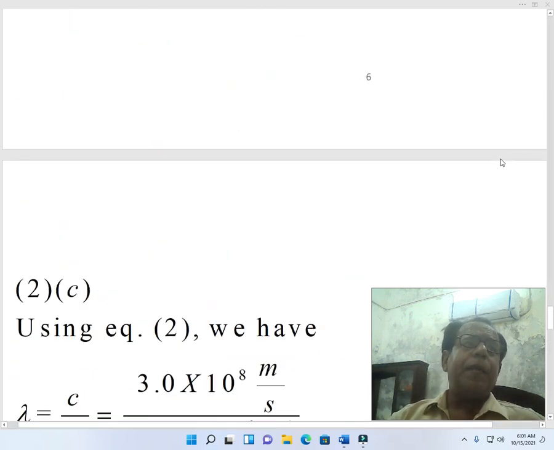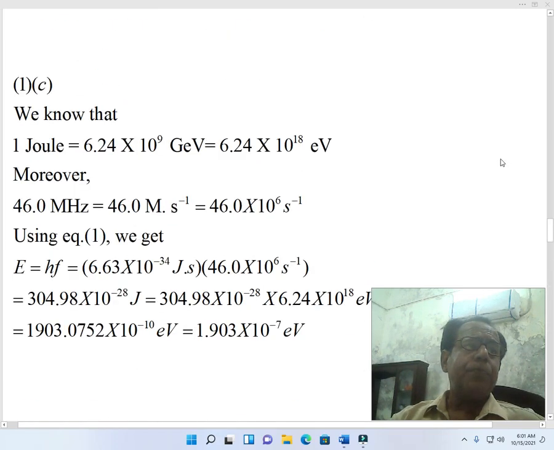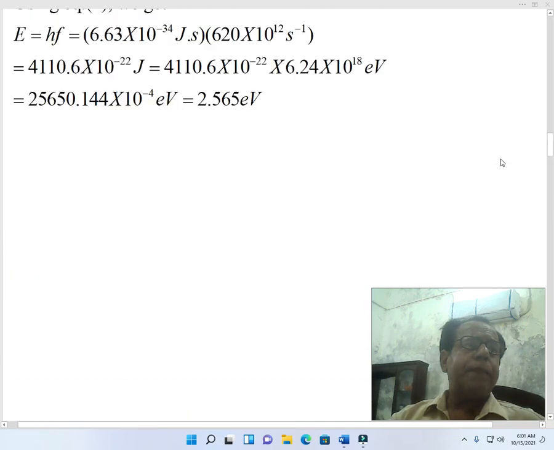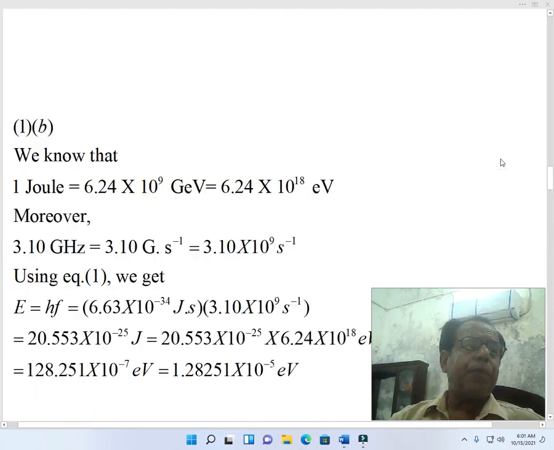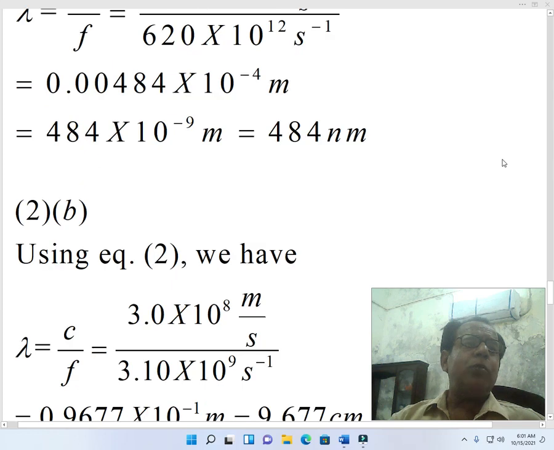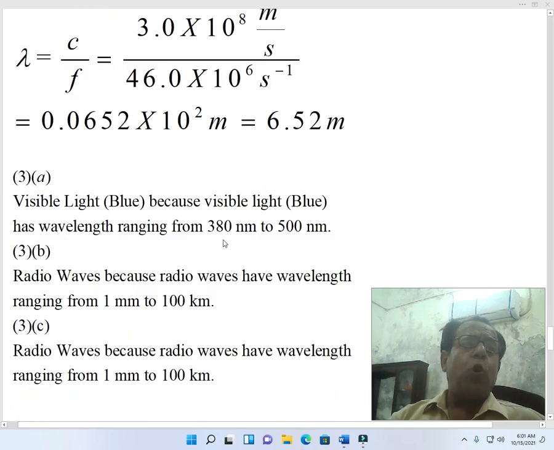We see here that 484 nanometer comes within 380 and 500. So visible light blue is our answer.